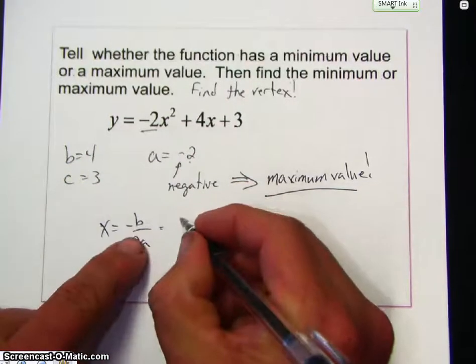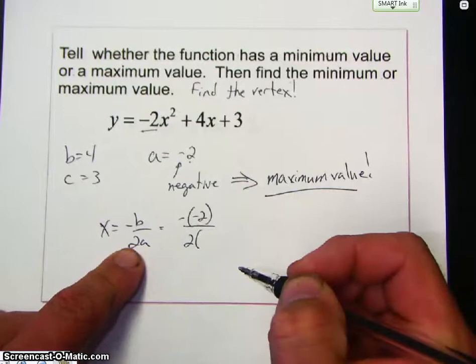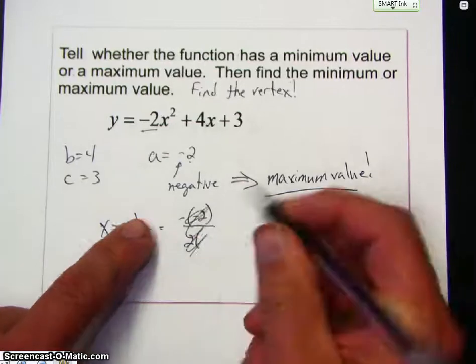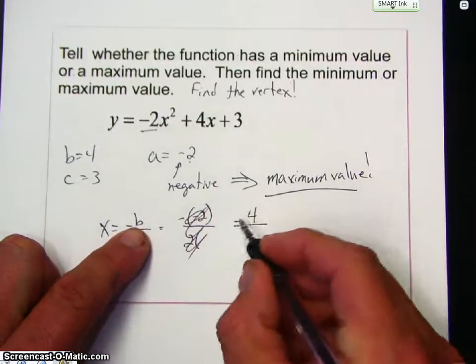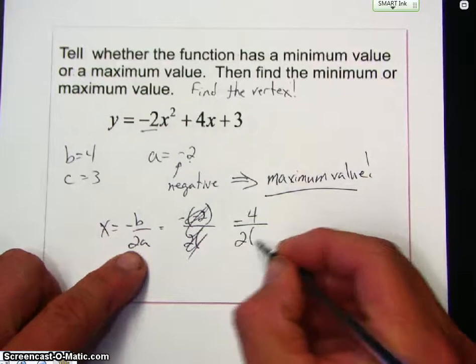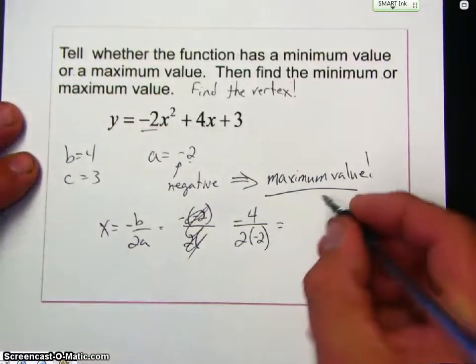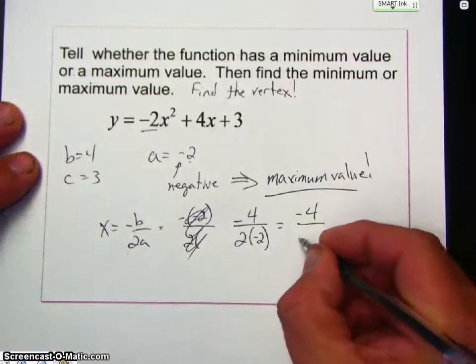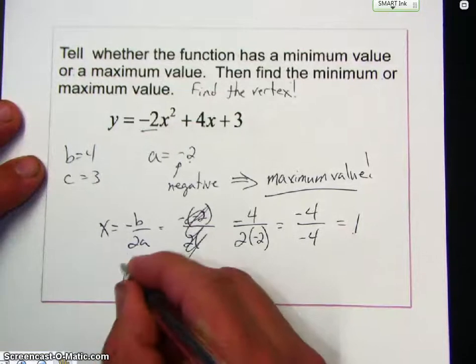So I get negative 4 over 2 times negative 2, so negative 4 over negative 4, which gives me a positive 1. So there's the x-coordinate of the vertex.